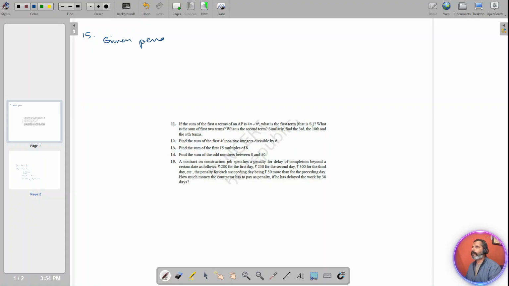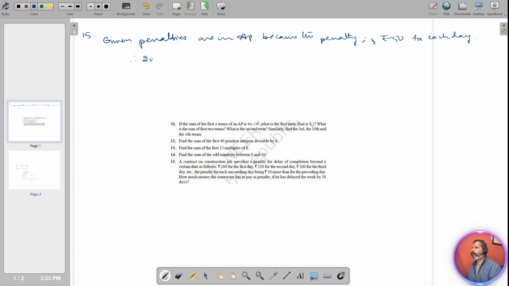Given penalties are in AP because the penalty is 50 rupees more for each day, right?